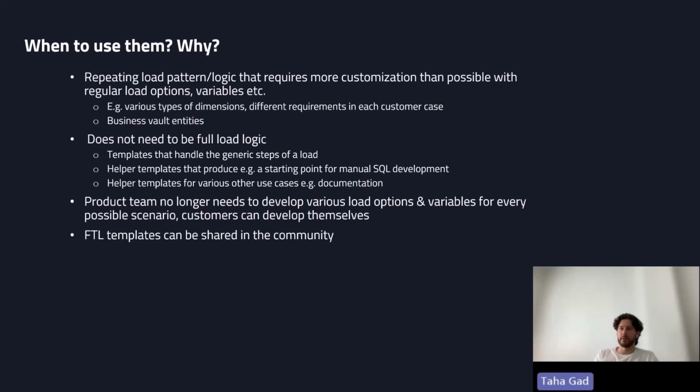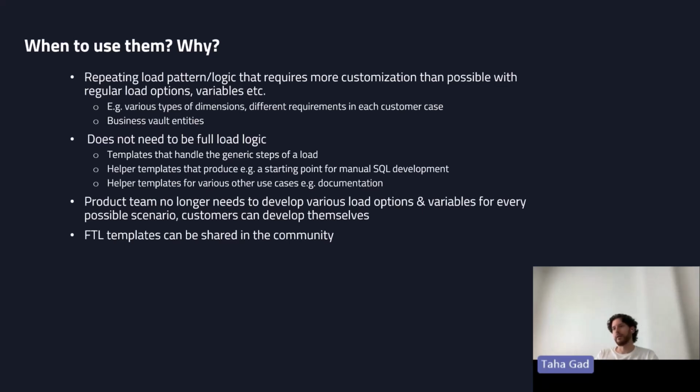Or for other use cases, like I mentioned, Marco did some tests with the FTL generated HTML documentation. So since you have the template model that you can reference, you can pretty much generate anything out of that with FTL. And the nice thing is that now the product team no longer has to develop all kinds of different load options and variables for every possible scenario.